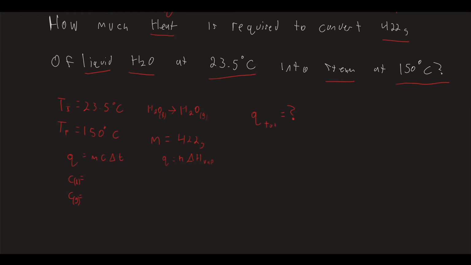I believe I wrote it down last time somewhere, but I don't have it in front of me right now. All right. So the specific heat, let's see if this is in the right units I want. Joules per gram per Kelvin. Yes, that is correct.